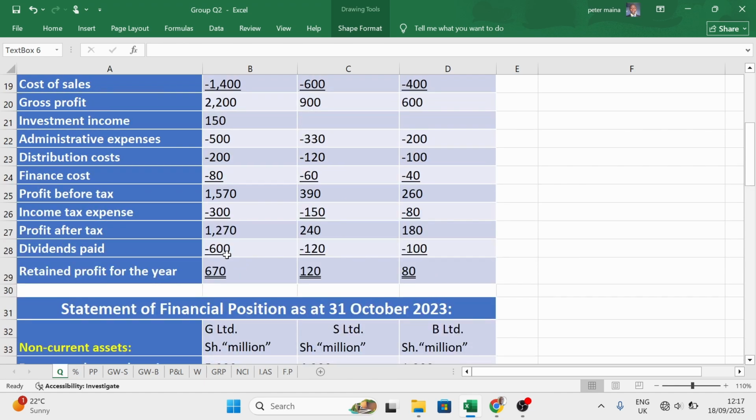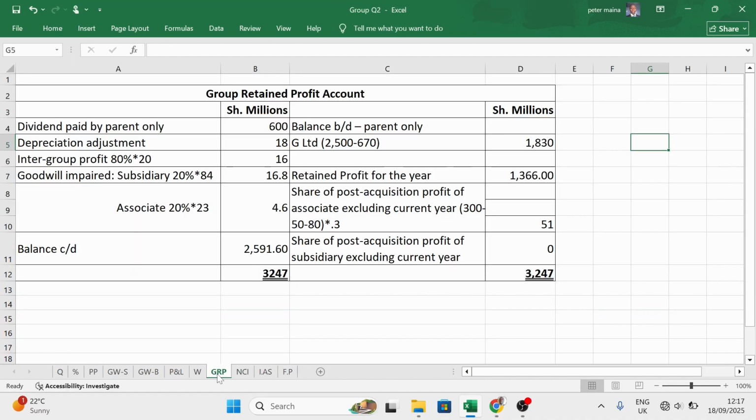Dividends paid by parent was 600. So that is what we are supposed to show here. And then apart from that, all the workings where we were saying we are going to debit retained profit or the profit and loss, all those things are supposed to be recorded here.